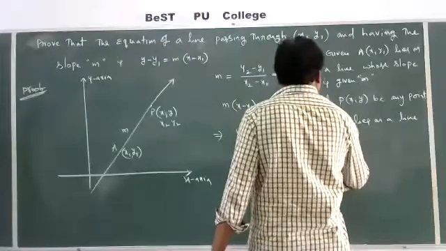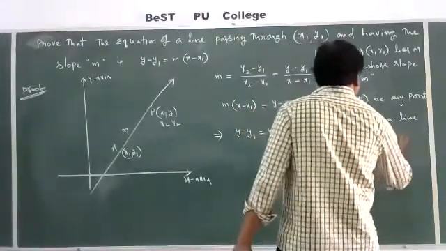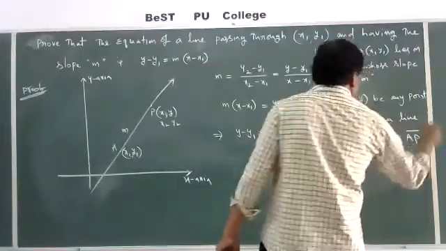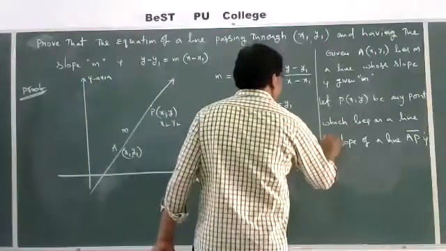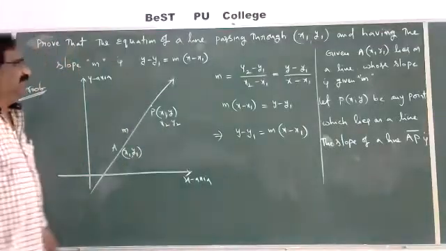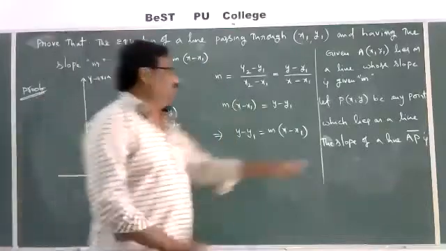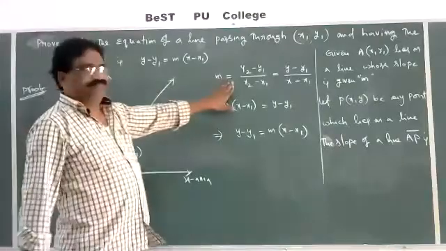Next step. The slope of a line AP bar is, copy this.